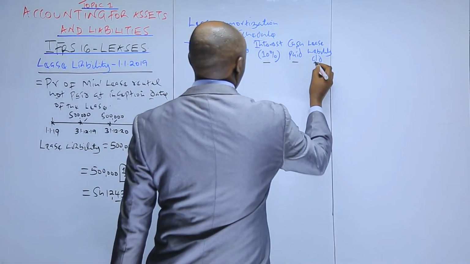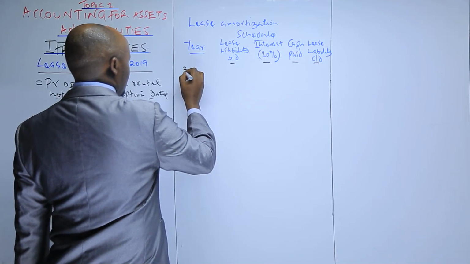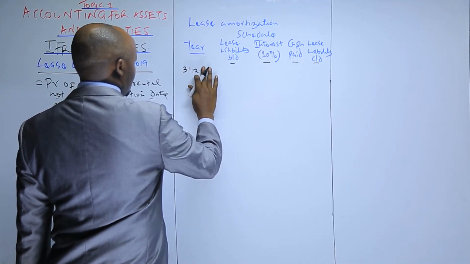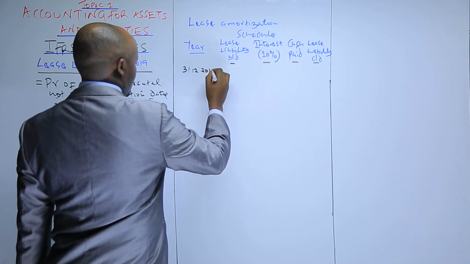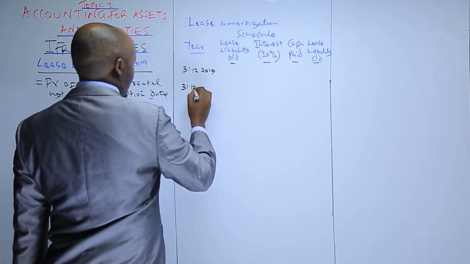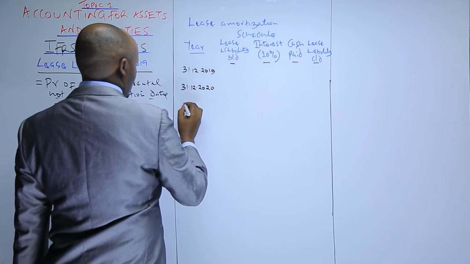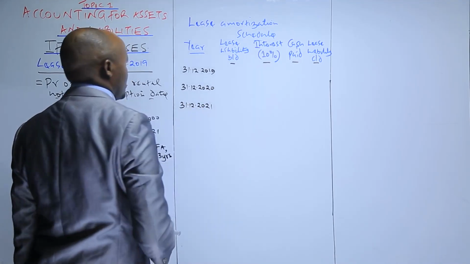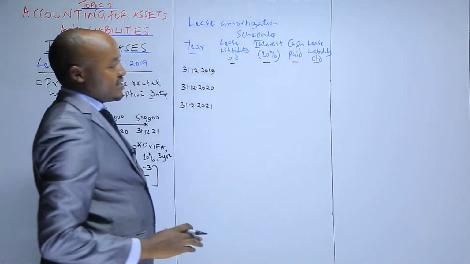In our case, the first year ended on 31st December 2019, the other year ended on 31st of December 2020, and the other year ended on 31st of December 2021. So what is the lease liability at the start of year one?